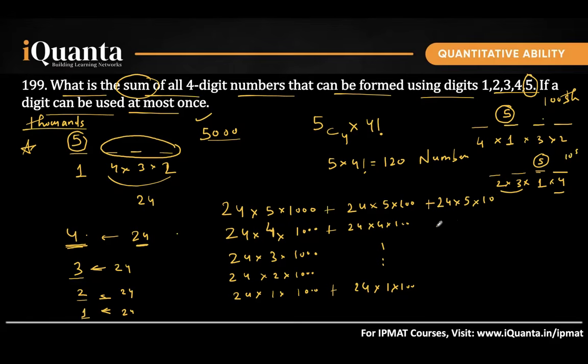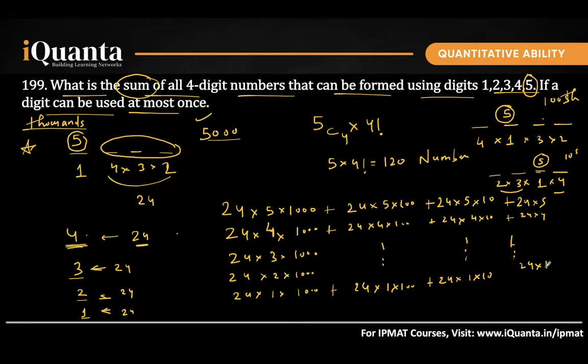So this will be the total value in the sum. And similarly, 24 into 4 into 10. And similarly, 24 into 1 into 10. And finally, we'll have one digit numbers. There'll be 24 numbers in which 5 will be at the unit place, 4 will be at the unit place, and so on till 1 at the unit place.